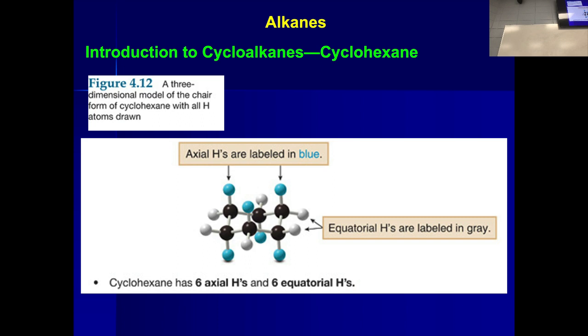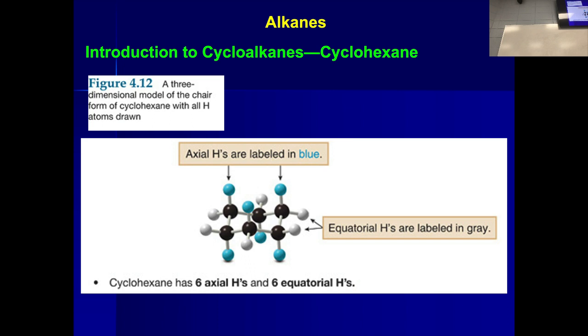Because it's farther apart from. Is it? So these are the hydrogens that we're looking at. So if I look at that, right? Now if I flip it, which one's further? This one. Big groups are always going to want to be equatorial because they don't start to crowd other hydrogens.